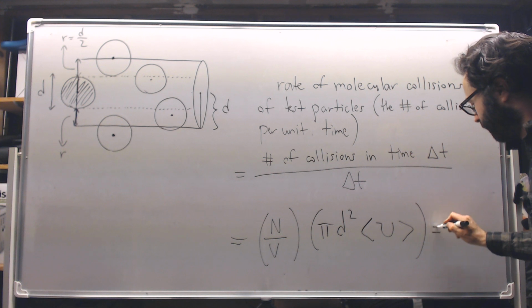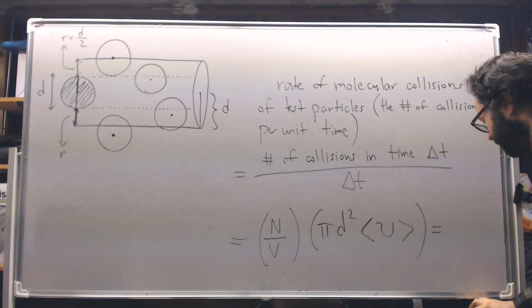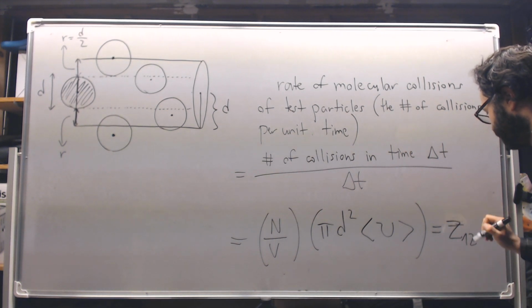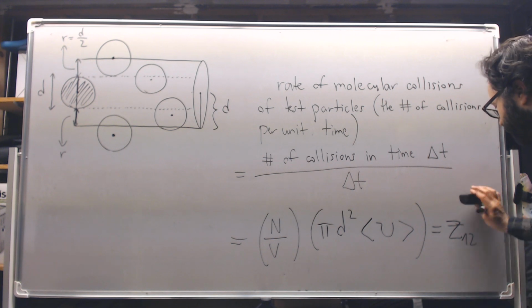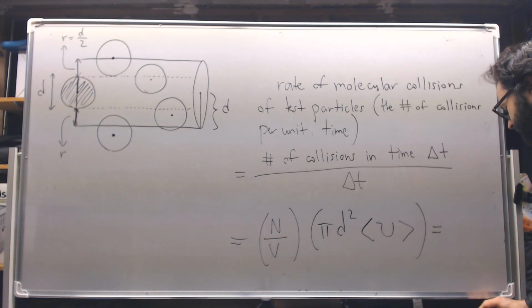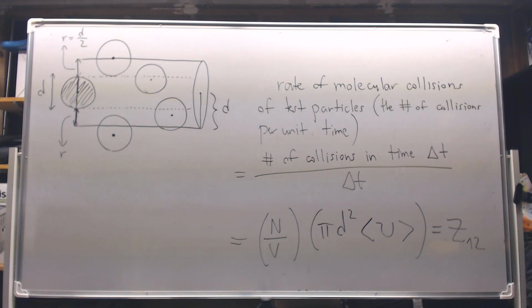Oftentimes this is given, or at least in Engel and Reid, this is given the letter little z 1, 2. Z12.